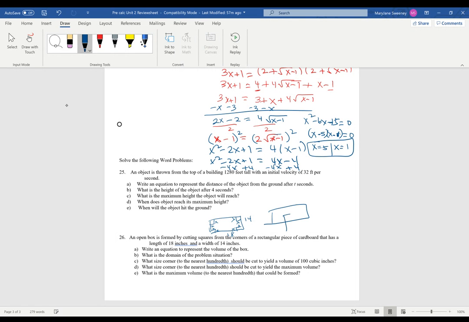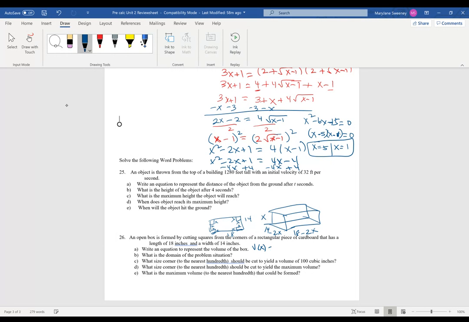We're going to fold that into an open top box. So the new length of the box is 18 minus 2x. It was 18, but we cut off x and x. This then is 14 minus 2x, and the height of the box is x.